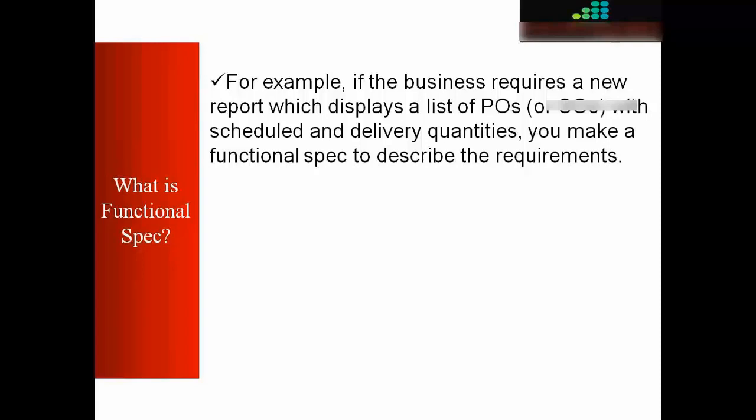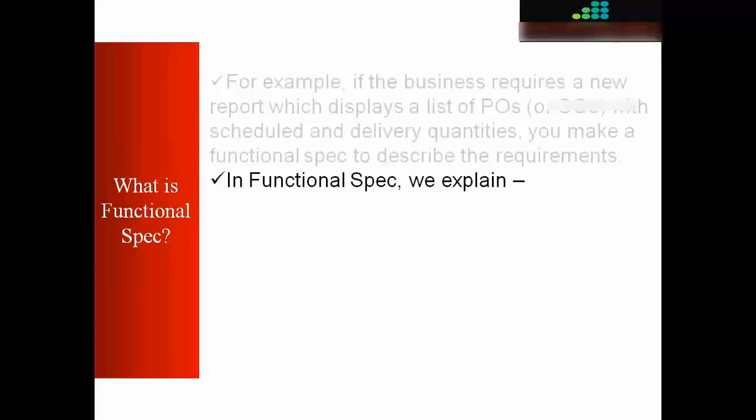Again, in the standard SAP system, we do not have any standard report that can give you this list, like open purchase order items with the item details and header details, or a sales order or a production order detail. So in this case, we need to get the enhancement done or we need to get a new report created by the ABAPer. So the first step will be to create a functional spec in this case.